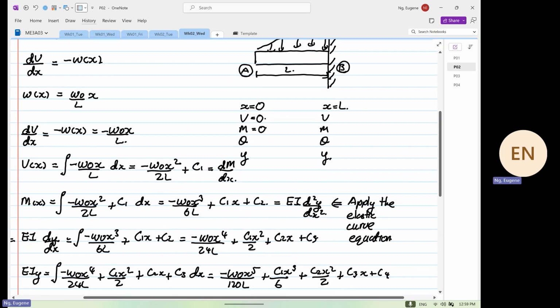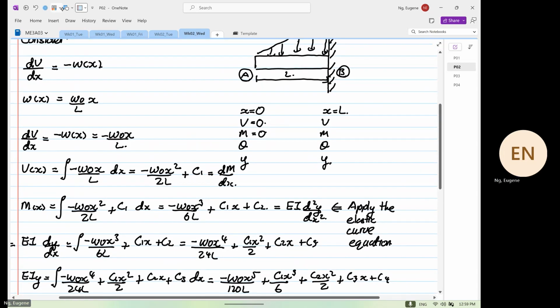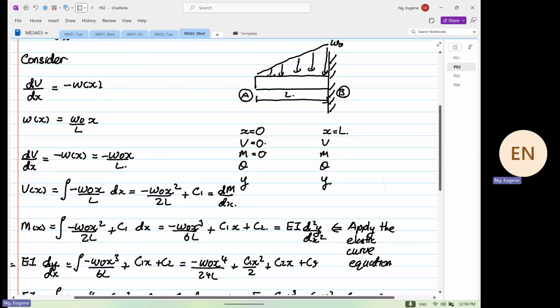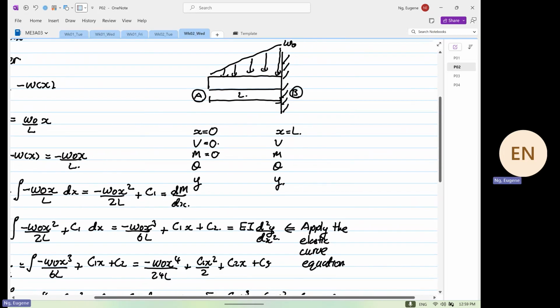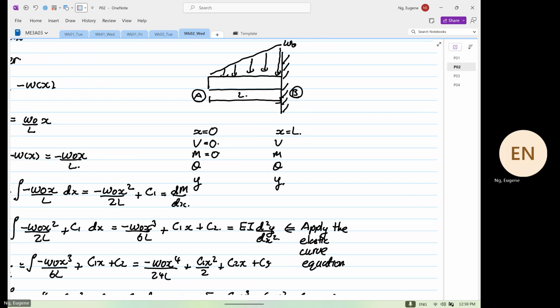Coming back to here, can someone tell me when x is equal to L, what boundary condition do we know? I repeat again, when x is equal to L, what boundary condition do we know? Y is what? Deflection, yes or no?